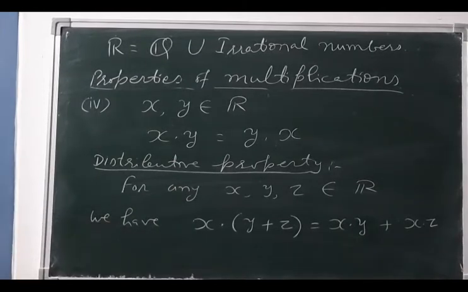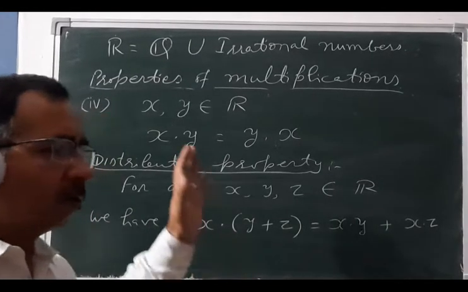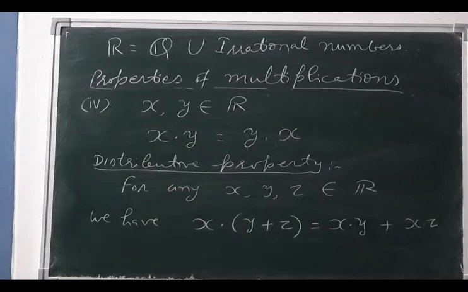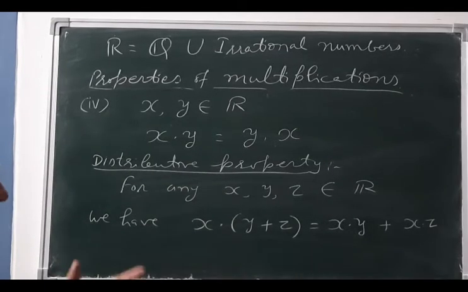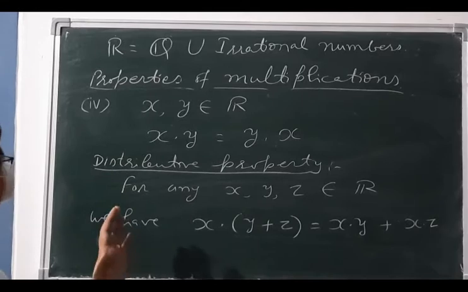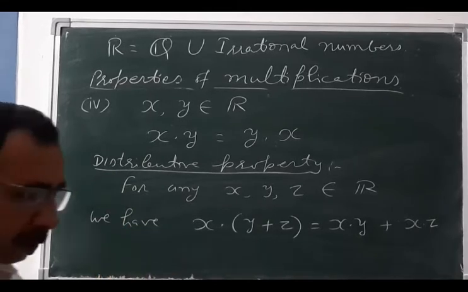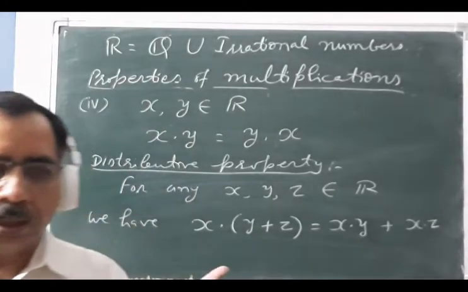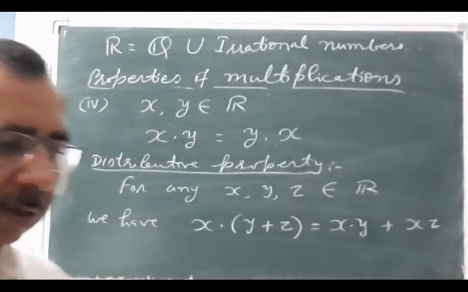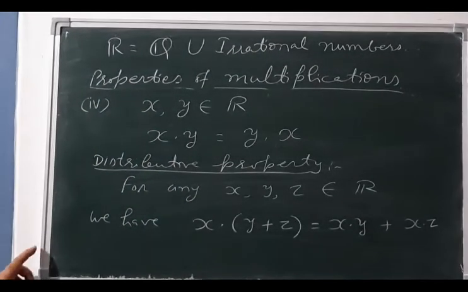So the set of real numbers satisfies all these properties, and any other set which satisfies all these properties with respect to these two operations, addition and multiplication, will be called a field.